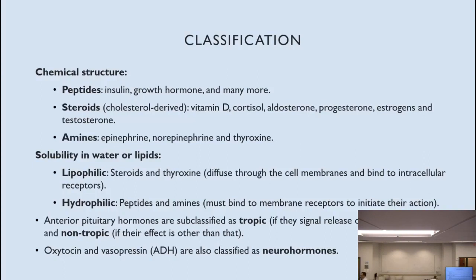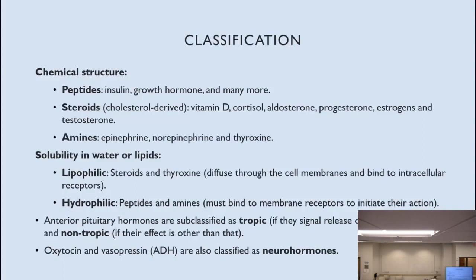Chemical structure: they are classified into peptides, a chain of amino acids that can be short or longer. There you have many hormones. It's better to learn the other hormones, the ones that are not peptides, and then say, okay, the rest are peptides, because the majority of the hormones are peptides. Insulin, growth hormone, many more.